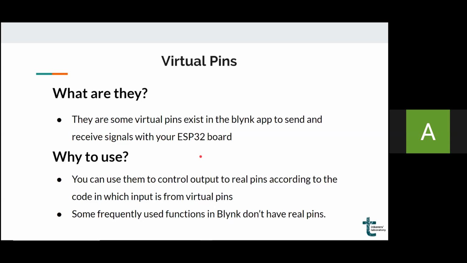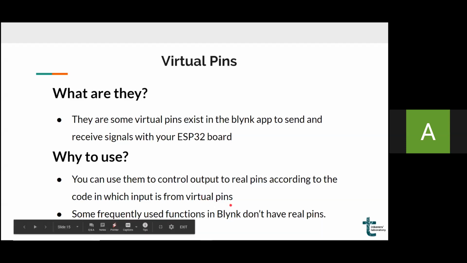If you want to send some text via your mobile app to the NodeMCU or whatever board you are using, there are no pins that take a string or a float. The pins just take the information as 1 or 0.